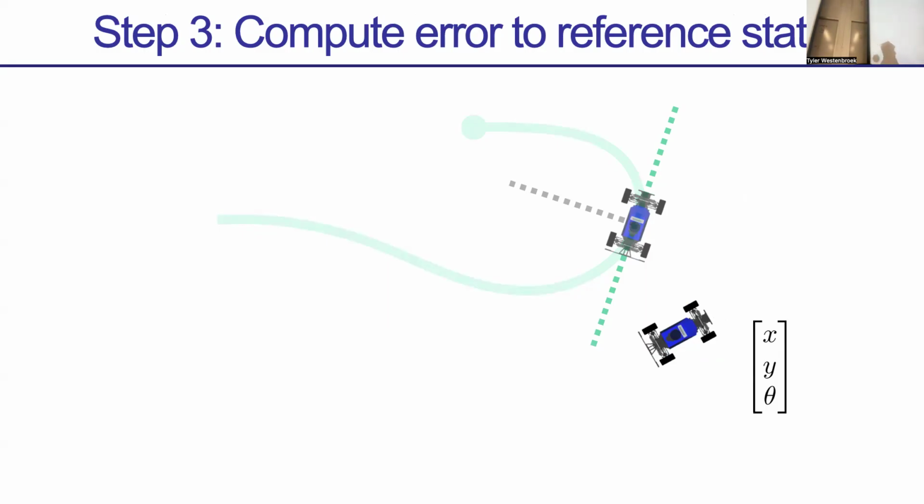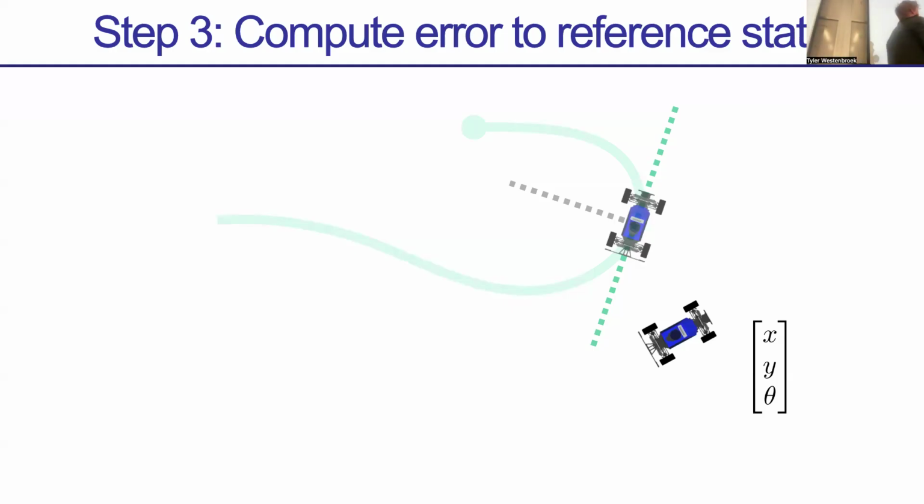So what we're going to do here is define a coordinate frame around our reference trajectory, and in particular, the point on the reference trajectory where we're going to try to go. Instead of having my initial X, Y coordinates where X is horizontal and Y is going up on the plane, I'm going to shift my coordinate system a little bit when defining this error.